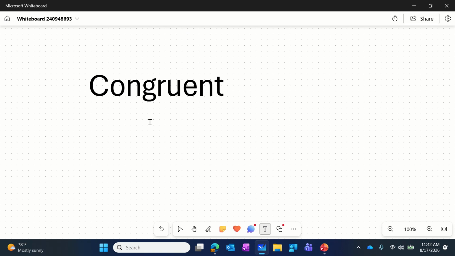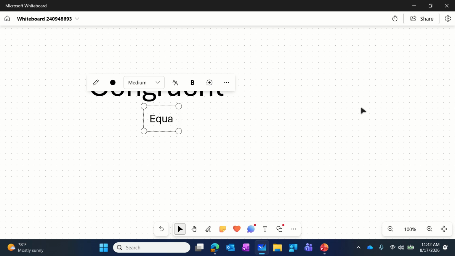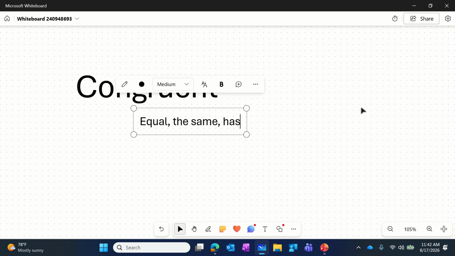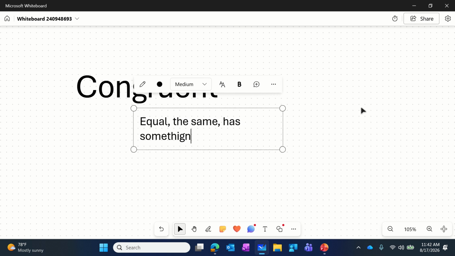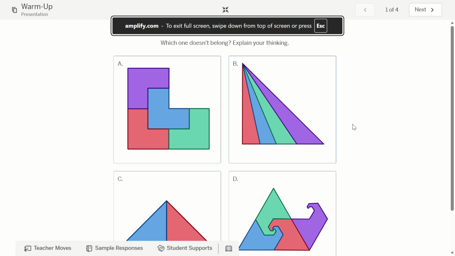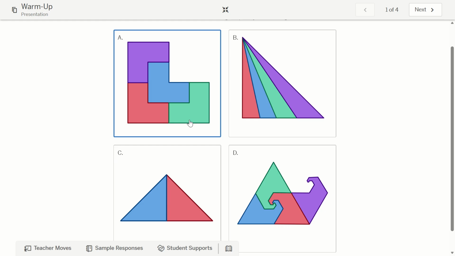This is congruent. For something to be congruent, it means it's equal, the same, has something the same. So, for example, when we look at these shapes, A has all of these shapes that are exactly the same, right?